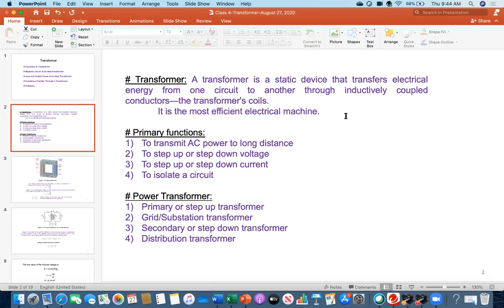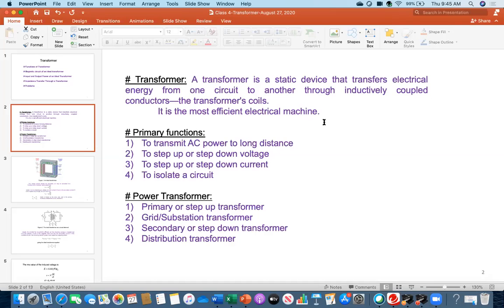That's why, maybe next class, when we solve some problems about transformer efficiency, you will always see efficiency is at least 95%, pretty close to 99%, pretty close to 100%. That's why it is called the most efficient piece of electrical equipment.